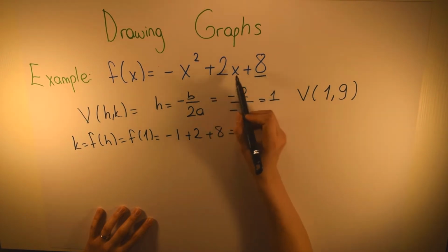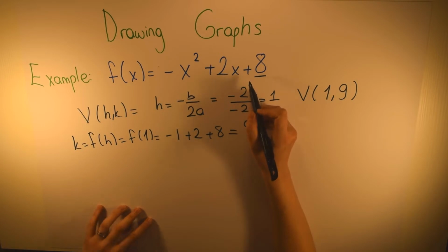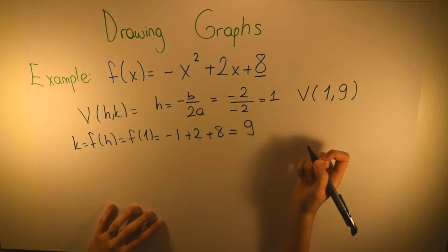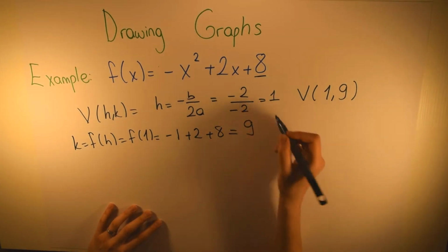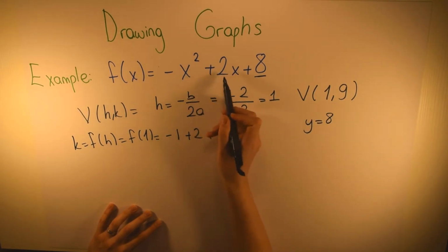As we said before, when you put 0 instead of x, we will get our y, and when we put 0 instead of y, we will get our x values, x1 and x2. So here our y is equal to 8 when we put 0 instead of x.